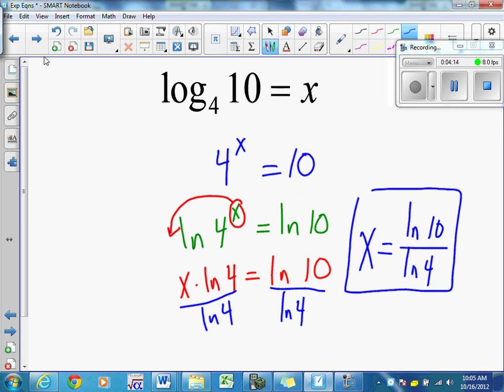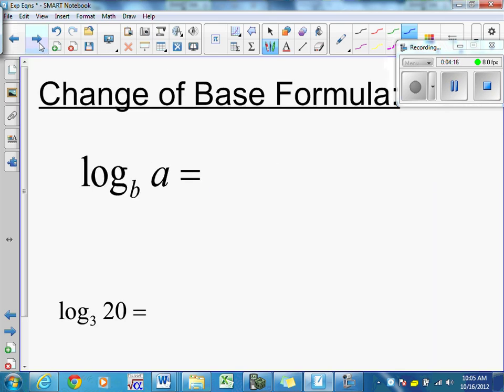Now, what this ends up with, if we do this in a general case, we get what's known as the change of base formula. Now, don't write what I'm going to write down first here because I want something better going forward. The change of base formula says this. I can write log base b of a as log base c of a over log base c of b. I can write this to any base I want.